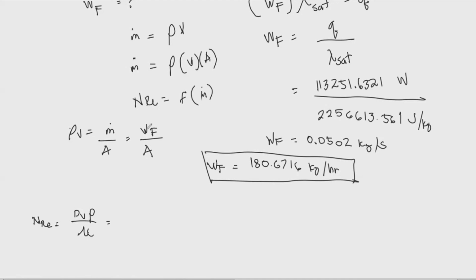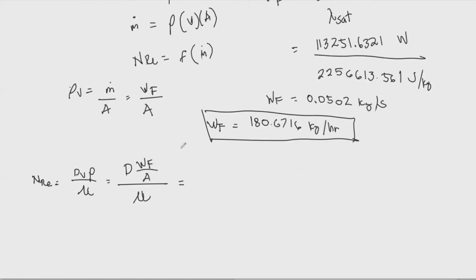So in this manner, the Reynolds number is D times WF over A, and then divided by the viscosity, wherein the area is the area of our cross section. So in this case, that's D, and then WF over πD squared over 4, and that's μ. So we can cancel out D from this one, and then we'll be getting 4 times the mass flow rate of condensate divided by πD times the dynamic viscosity.